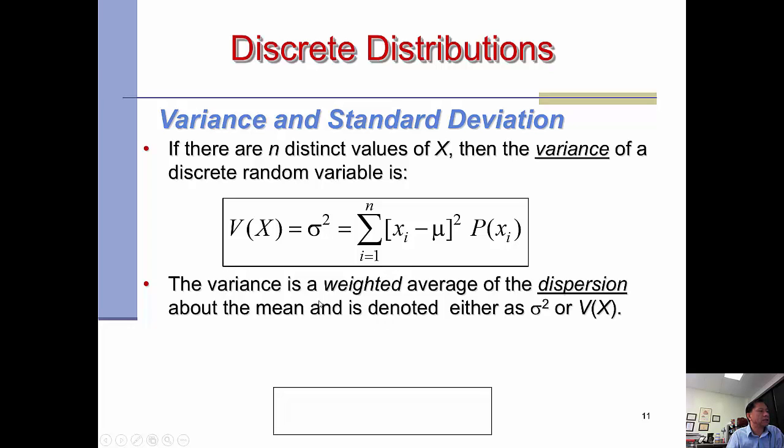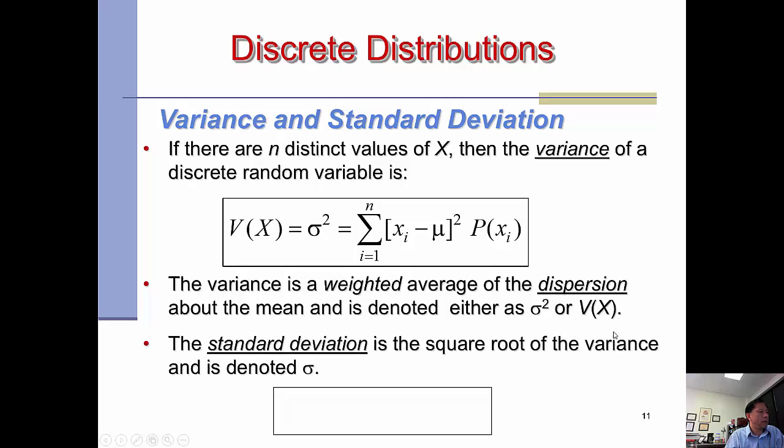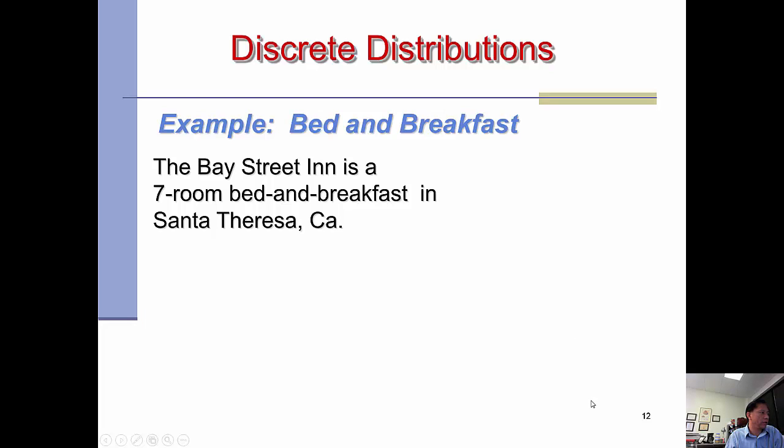And basically this is the weighted average of the dispersion about the mean, and it's denoted either as sigma squared or Vx. Right? And what's standard deviation? Similar to the standard deviation definition we had before, it is the square root of the variance. Of course, the square root of sigma squared is sigma, and the square root of Vx, the variance of x. That's how we calculate the variance.